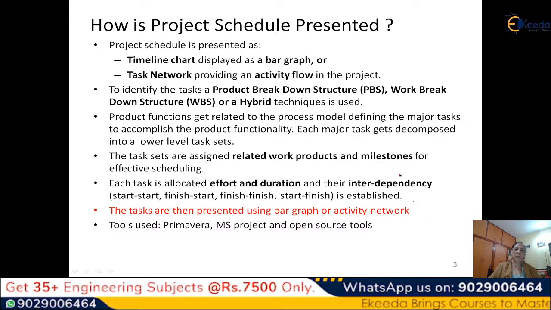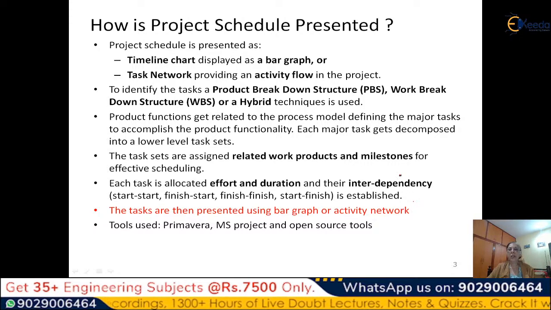We have discussed so many process models. On one hand we have the product, on the other hand we have the process, which is defining all your engineering activities. These two we map and relate, so that the major tasks for the product functionality can be defined.